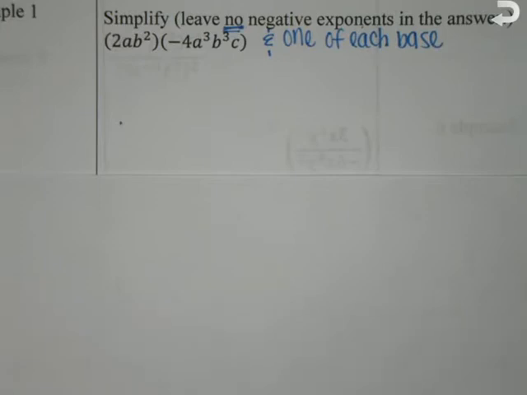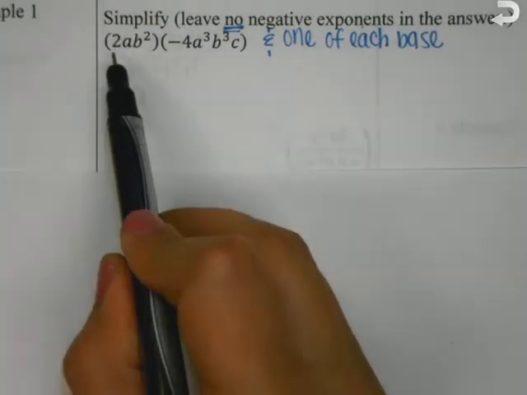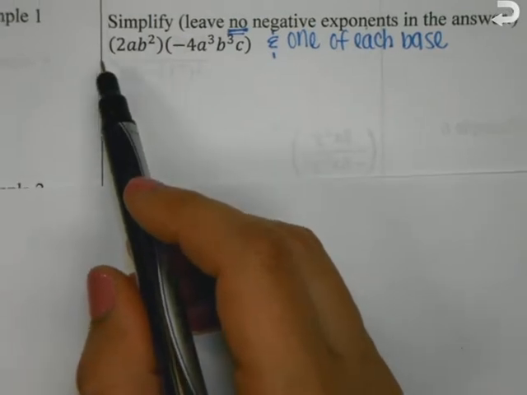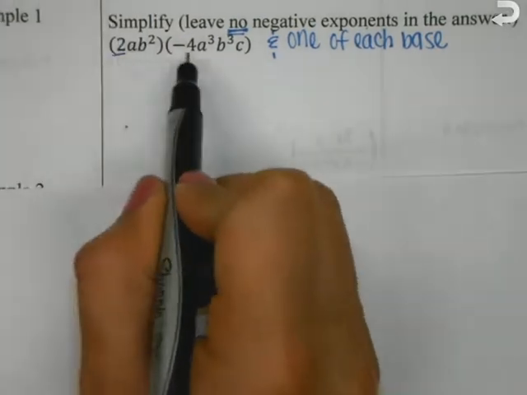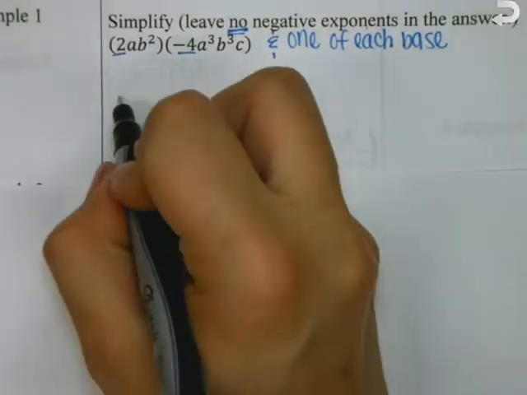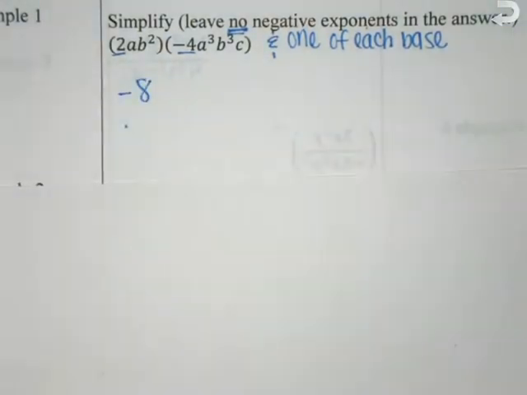Okay? So example 1 is multiplying. So we multiply our coefficients. Our coefficients we can just multiply by each other. So what's 2 times negative 4? Negative 8. And then you can only multiply the same bases. So let's put that note here.